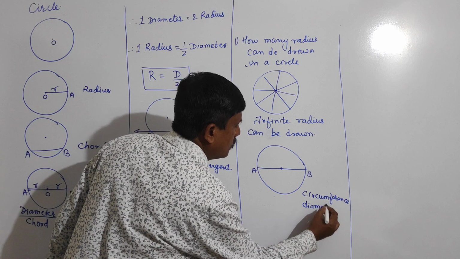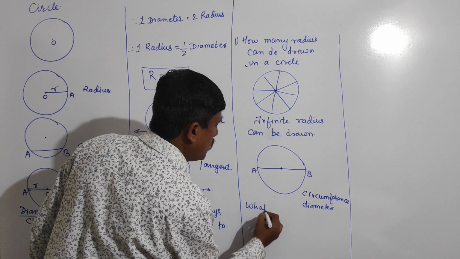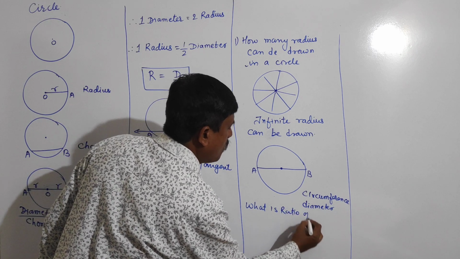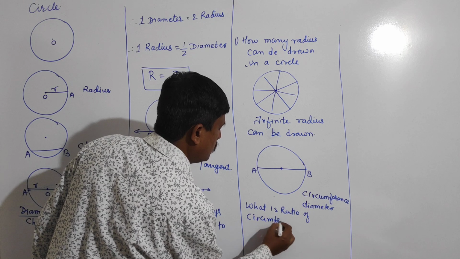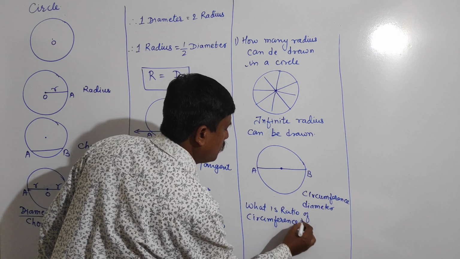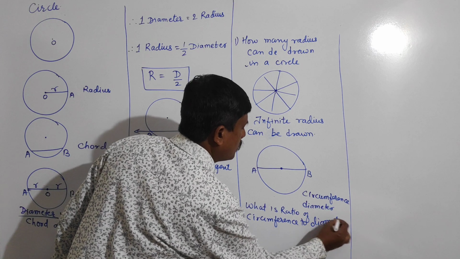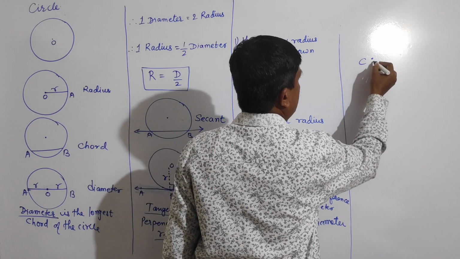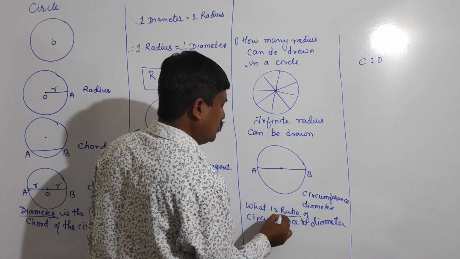So what is the ratio of circumference to diameter? Means what? C is to D. Ratio means what?